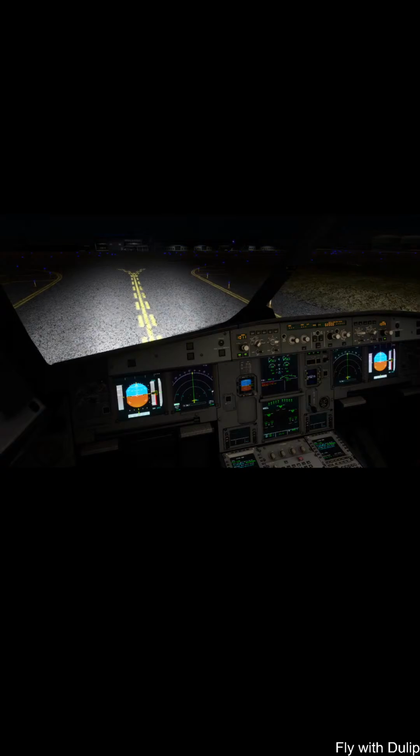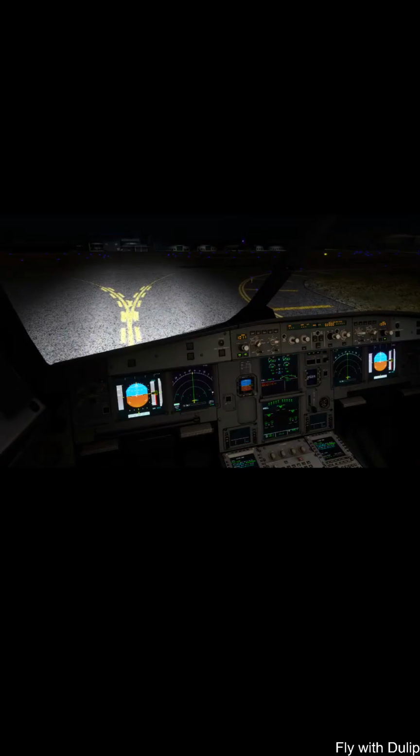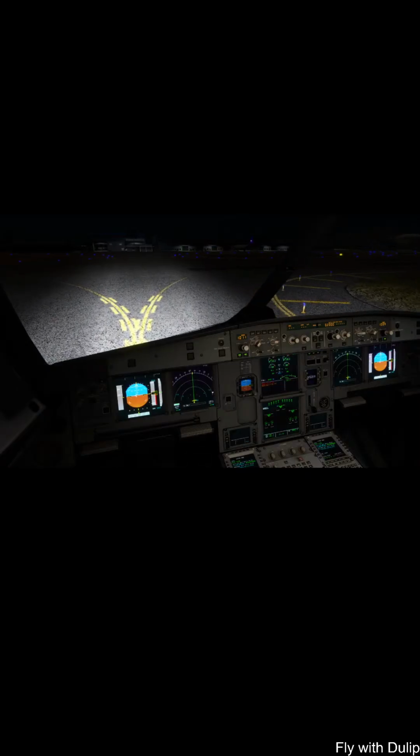Malé ground, SriLankan 103 with you. SriLankan 103 Malé ground, welcome. Taxi left on Charlie. Taxi to stand 3 left via Bravo 6. Taxi to left on Charlie to via Bravo to left SriLankan 103.